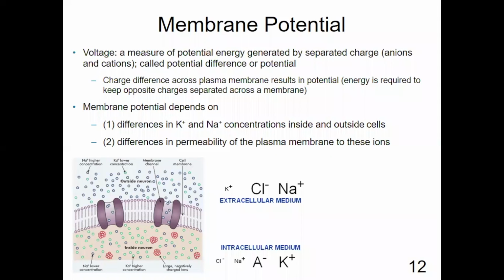So in this figure here, you see inside the neuron, we actually have a fairly high concentration of potassium, K+.